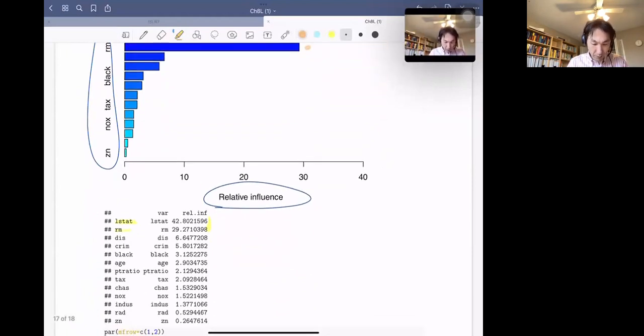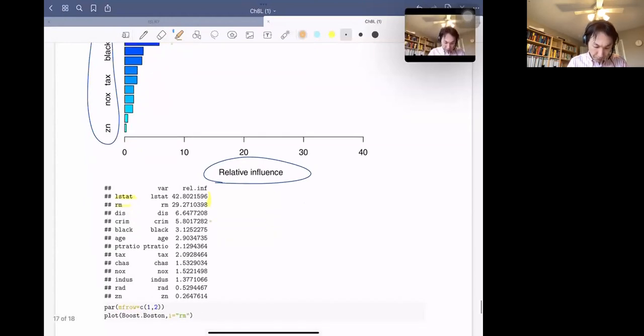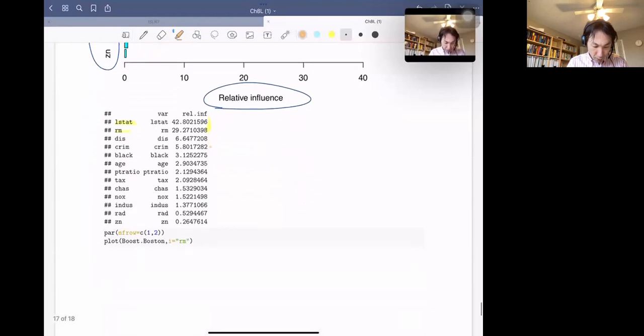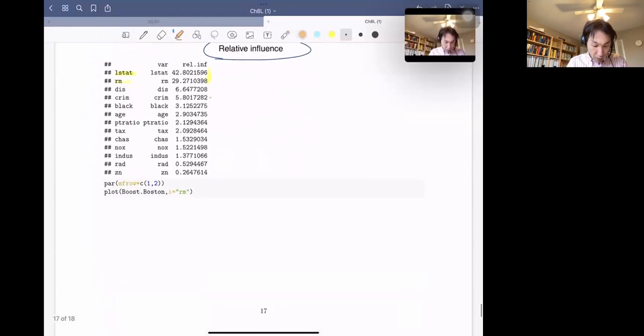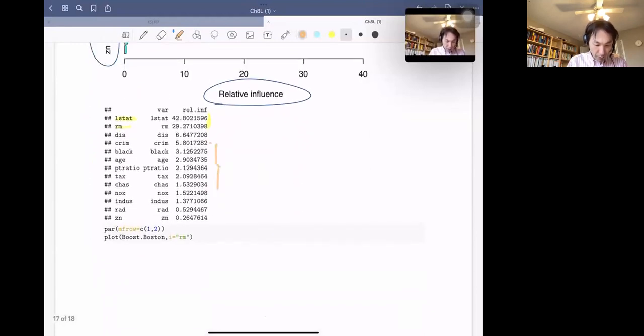And other variables are still somewhat important. DIS is the distance to Boston employment centers, and CRIM is the crime rate. Yeah, and so on. But other variables may be somewhat important.